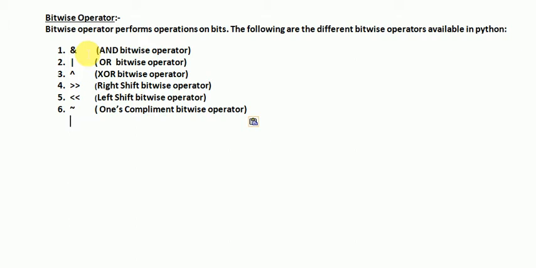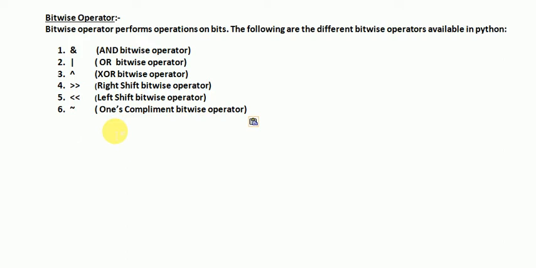The following are the different bitwise operators available in Python: the AND bitwise operator, the OR bitwise operator, the XOR bitwise operator, the right shift bitwise operator, the left shift bitwise operator, and the ones complement bitwise operator. We will see all these in detail.